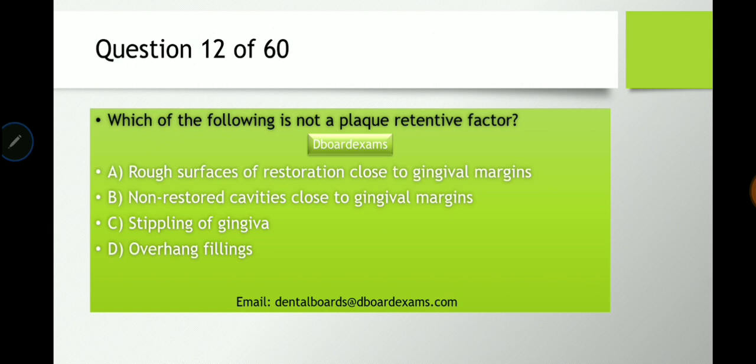Rough surface of restoration close to the gingival margin, non-restored cavities close to the gingival margin, stippling of gingiva, or overhang filling. Even if you don't know what stippling of gingiva is, you know the other 3 are wrong because you know all these features are going to retain plaque. So our answer here is going to be C.